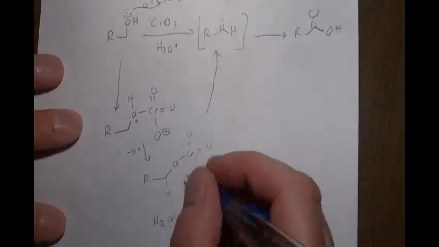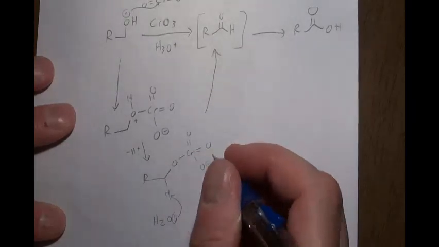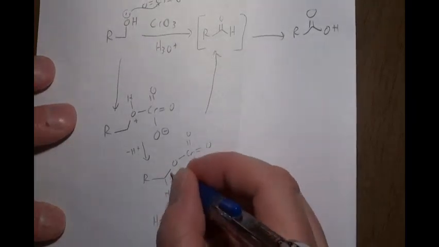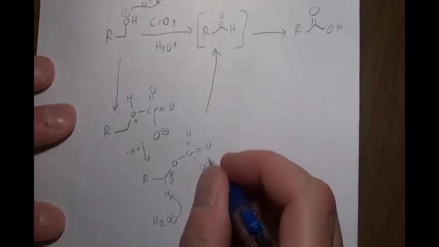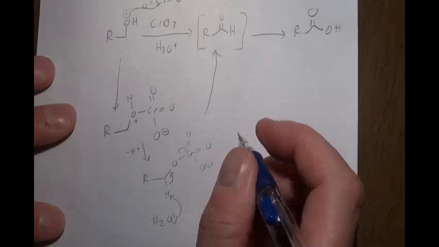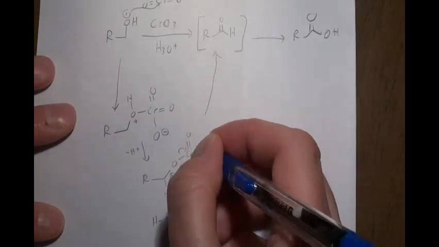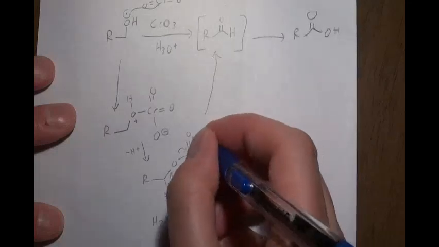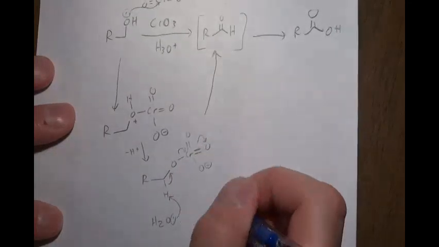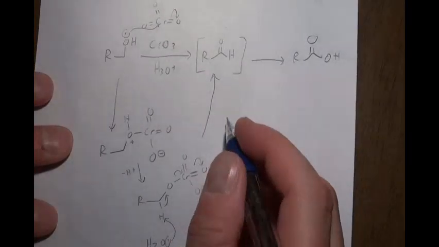So water takes this proton off, kicks electrons to make a double bond O, and kicks this guy off as chromium. So actually, one more arrow, and that's onto one of the oxygens, okay? All right, so that's how we get to the aldehyde.